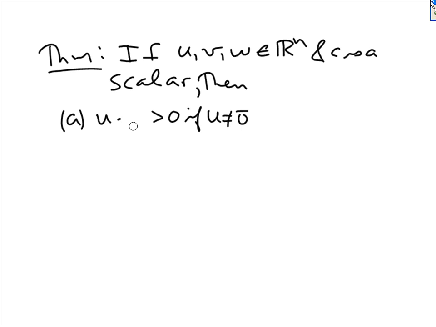And remember, when you dot 2 vectors, you get a real number. So that 0 is a real number. But I'm saying U is not equal to the 0 vector. And U dot U will equal 0 precisely when U is the 0 vector.